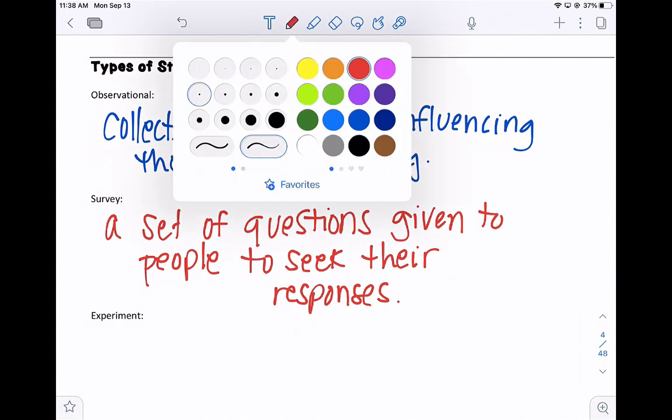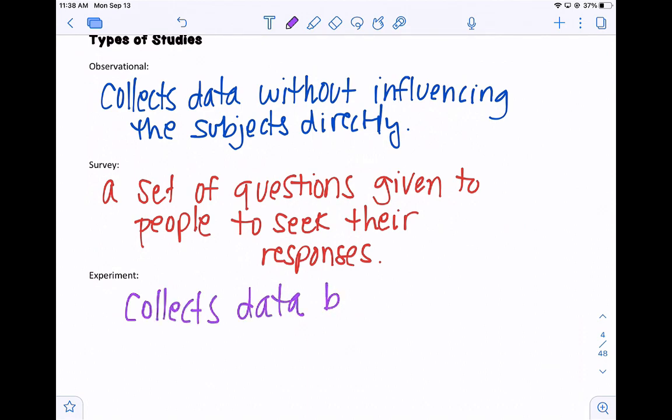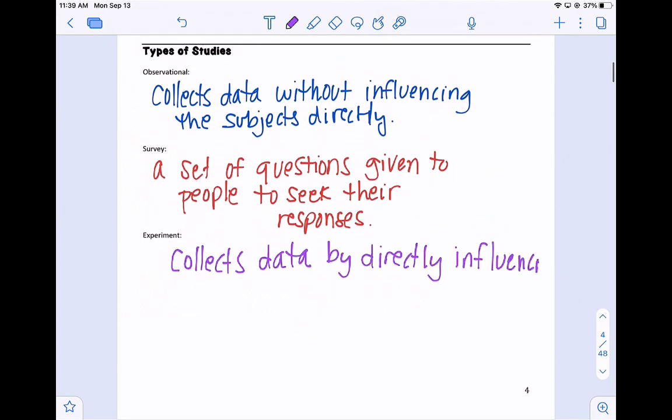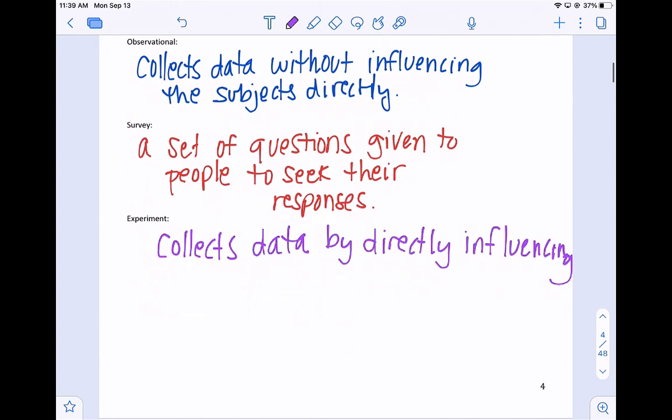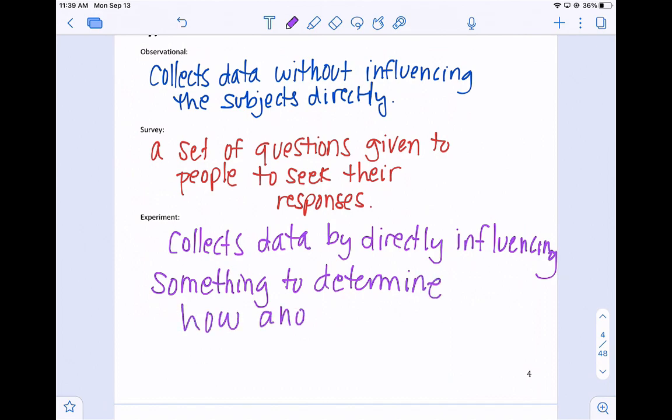An experimental study collects data by directly influencing something to determine how another thing is changed.